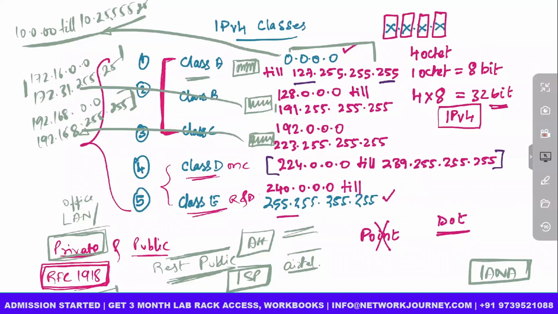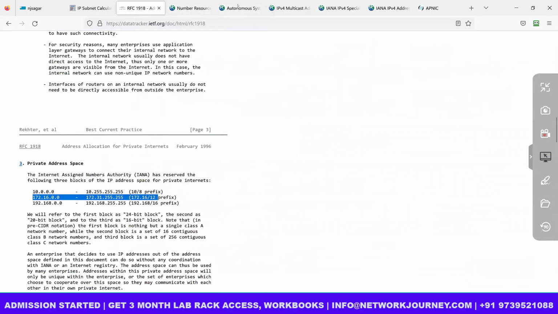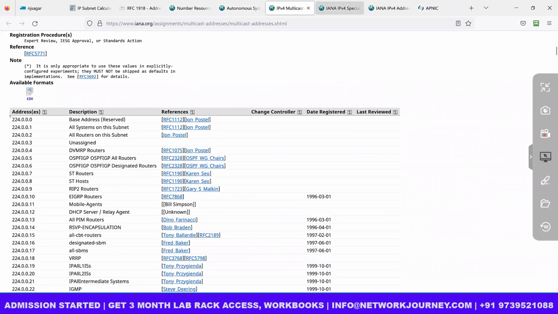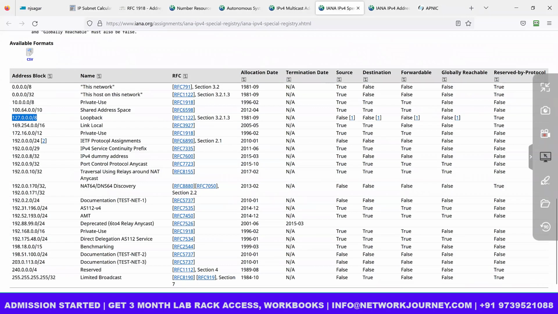That doesn't mean that they don't belong to any class. Like if you see here, the different IPs which are reserved for some specific reason, they all fall from different classes. See, this is for loopback purpose. Doesn't mean that they don't fall into any class. They are part of some class only. Similarly, let's say you see here, they fall into some classes.